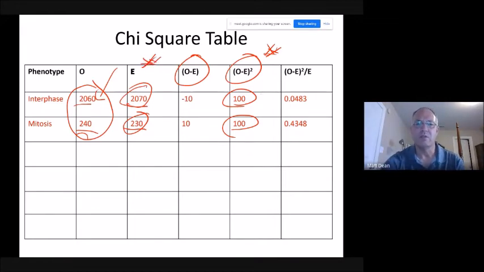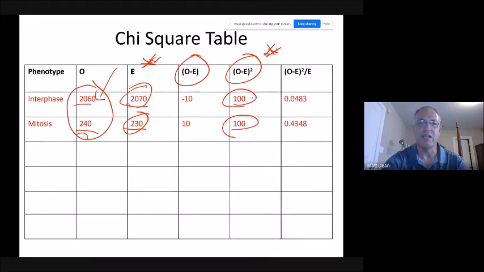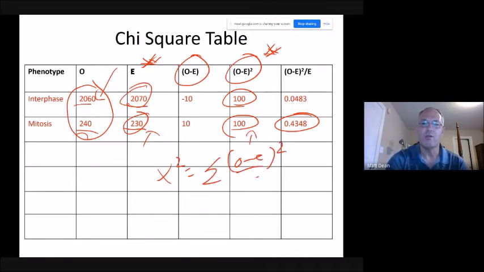So in this case, this would be 100 divided by 2070 to get 0.0483. And in this case, 100 divided by 230 to get 0.4348. So our chi-square value is the summation of O minus E squared over E.